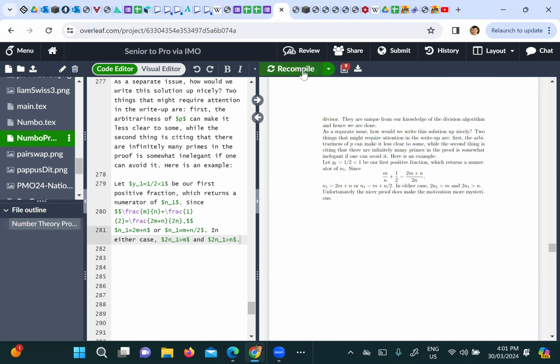So now we want our q, right? Instead of just saying q is greater than 2n1, and it's co-prime to m and n, right? Actually, do we have a good way of doing this?